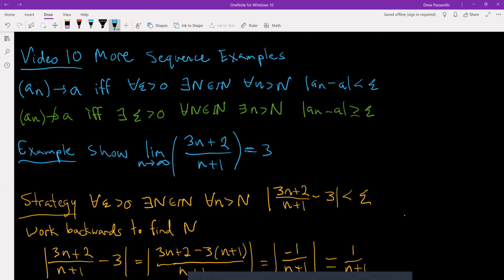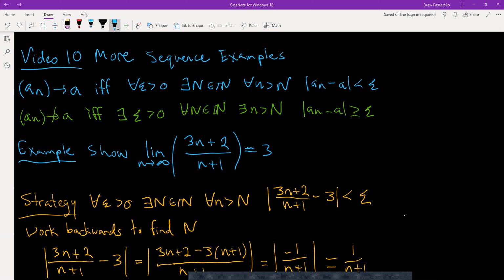All right, so for these two examples, the first one, we're going to show that the limit of the sequence (3n plus 2) over (n plus 1) equals 3. The way I do these is I usually write down the strategy in yellow, and then I'll do the proof in red. That's what it's been for all the videos up to this point.